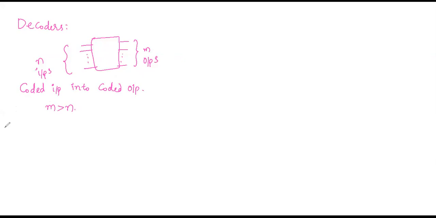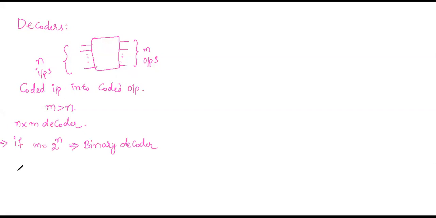Now, generally we call this decoder an N cross M decoder. If M is equal to 2 to the power of N, the decoder is known as a binary decoder.